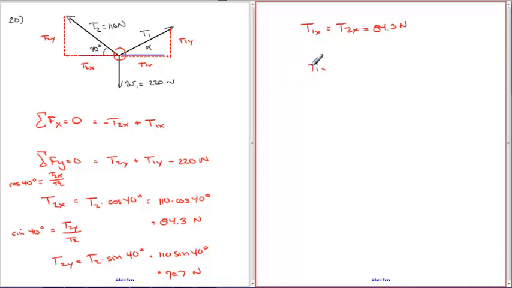It's going to be equal to 220 minus T2y. So T1y is equal to 220 newtons minus T2y, which we calculated to be 70.7 newtons. So we have 220 minus 70.7, 149.3.